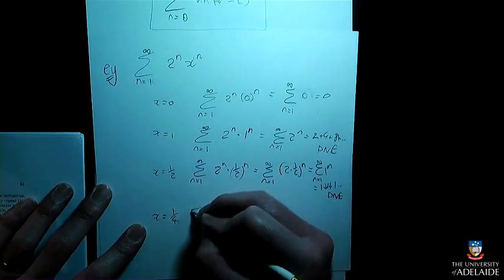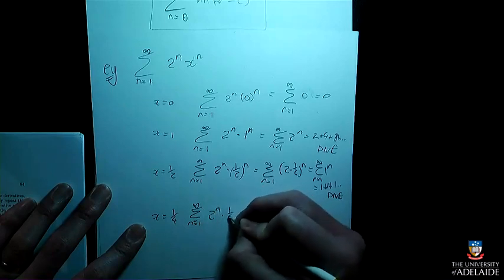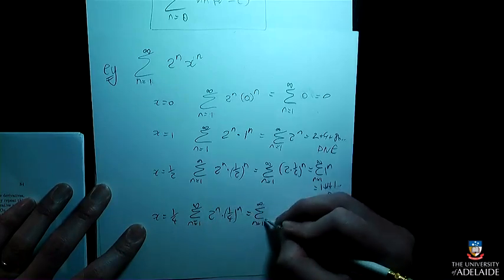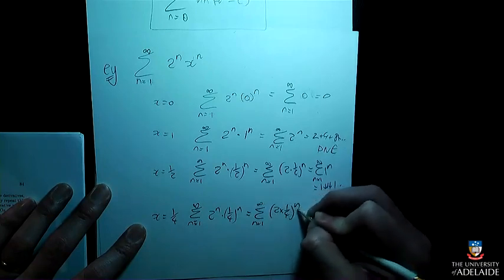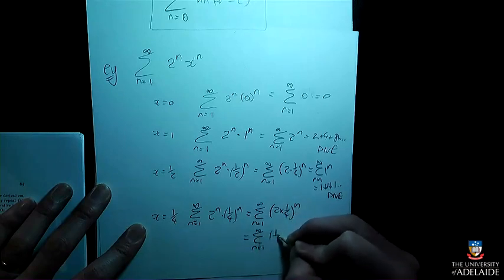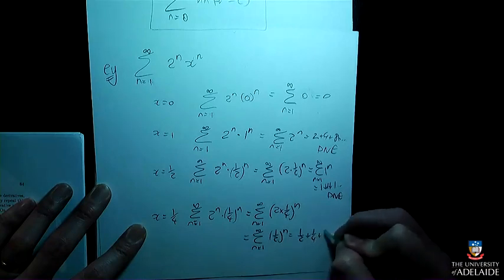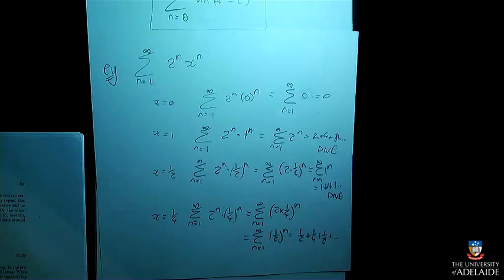If x was a quarter, that's like a half plus a quarter plus an eighth plus and so on forever. And if you go a half and then a quarter, you're not at 1 yet, you're at 3/4.